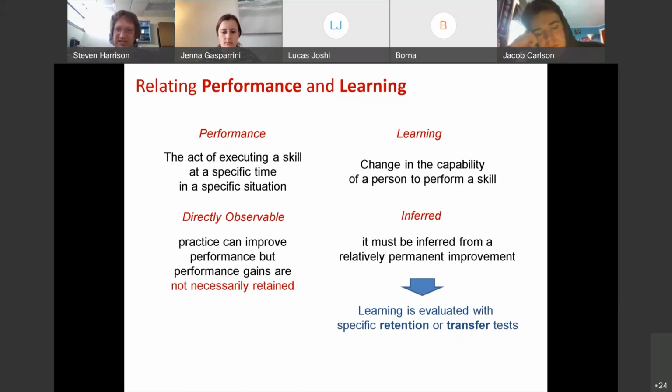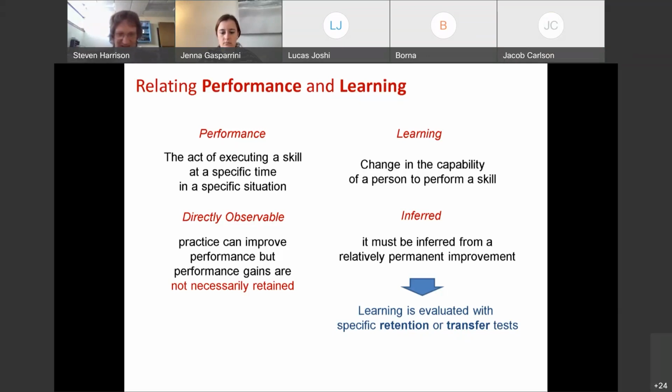The two key types of evaluation we'll be looking at, relevant for interpreting changes in patients, are retention and transfer. Retention means a performance improvement is retained later in time: 20 minutes later, a day, a week, a month, a year later. And you're also looking for retention in transfer tasks.